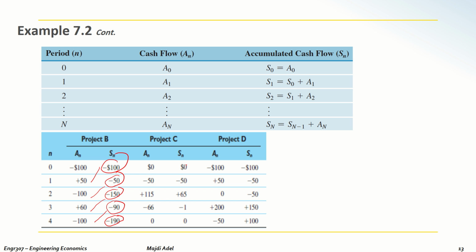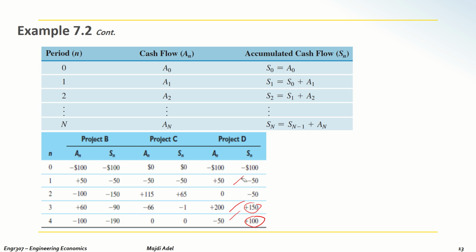And the same for project C: 0, plus minus 50, minus 50, plus 115, 65, plus 60, plus minus 66, minus 1, plus 0, this is minus 1, typo error. Project D: minus 100, plus 50, minus 50, plus 0, minus 50, plus 200, 150, minus 50, 100. So we apply now the accumulated cash flow sign test.